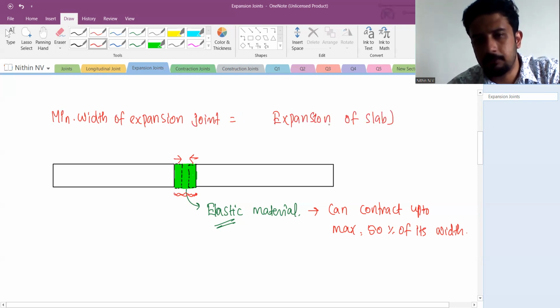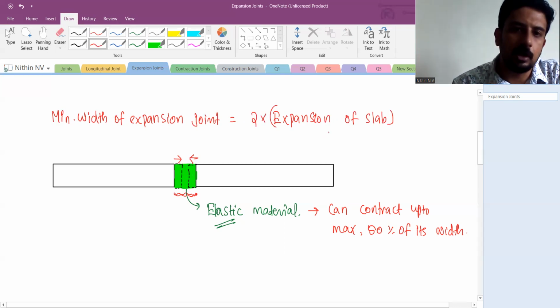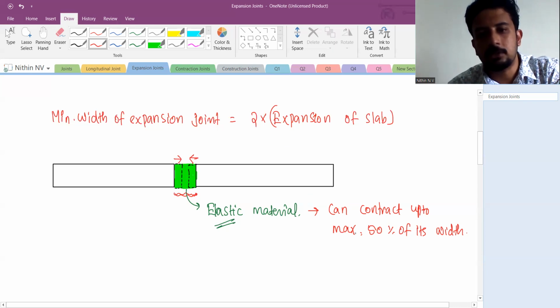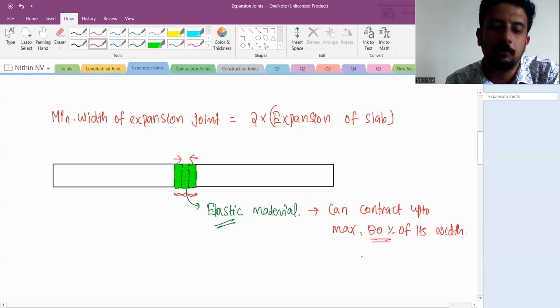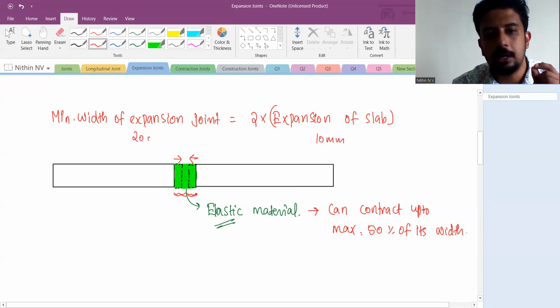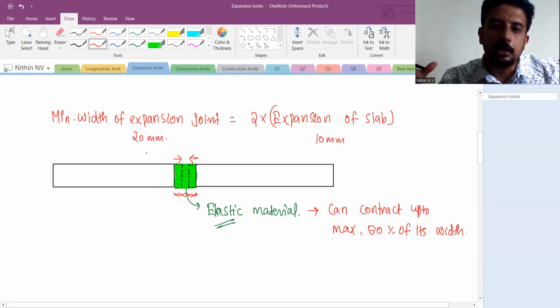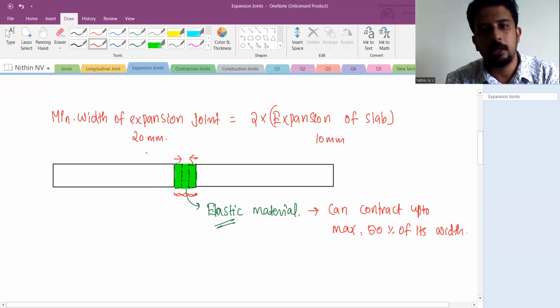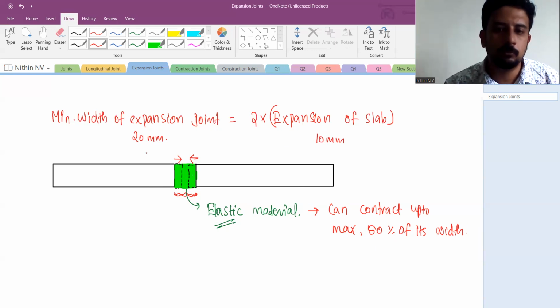Whatever be the expansion of the slab, 2 times of it we need to provide. Why? Because only 50% of the width will get contracted. If the expansion of the slab is 10 mm, at least 20 mm width I need to give. If I am giving 20 mm width, then after 50%, the remaining is 10 mm. Yes, expansion is 10 mm, no issue.